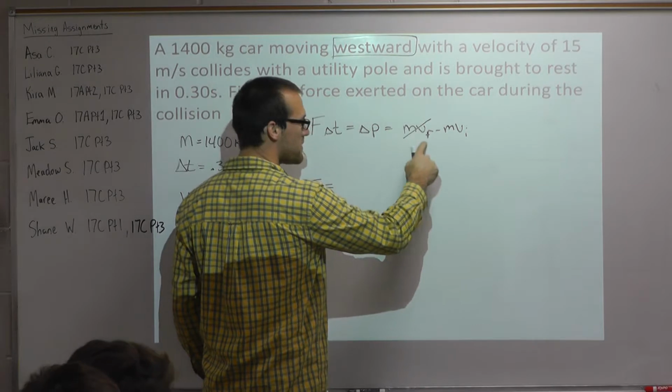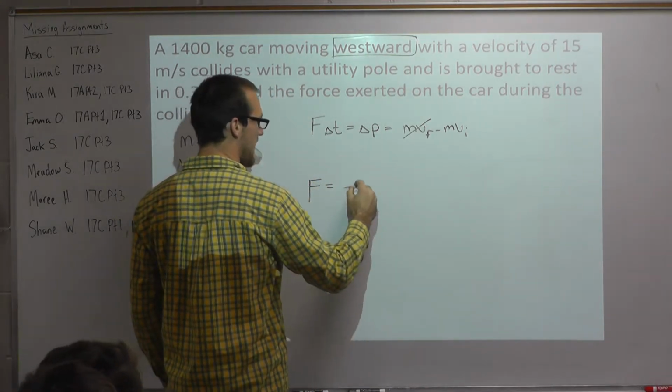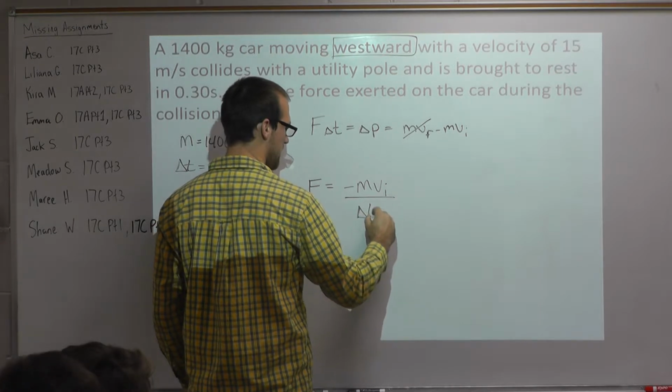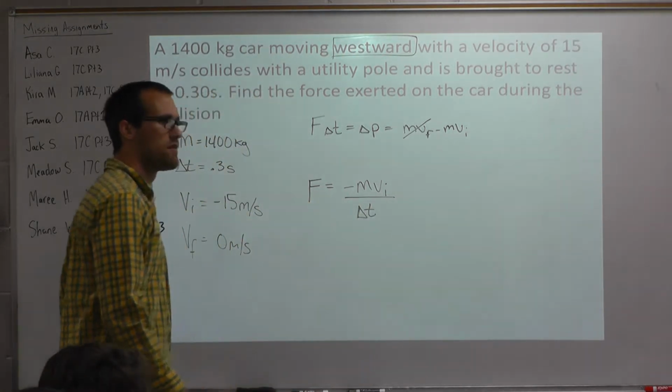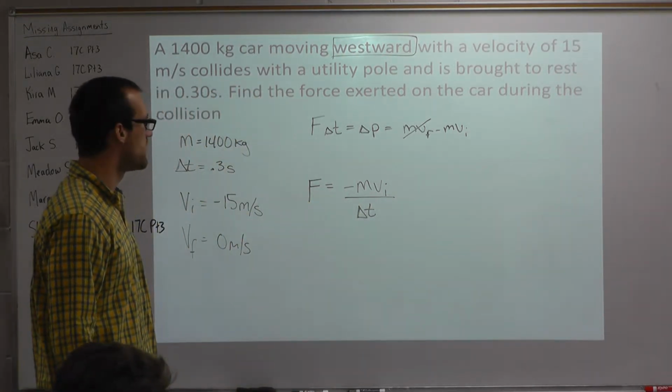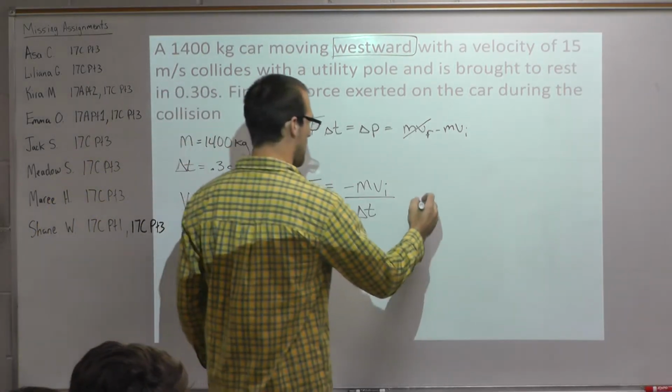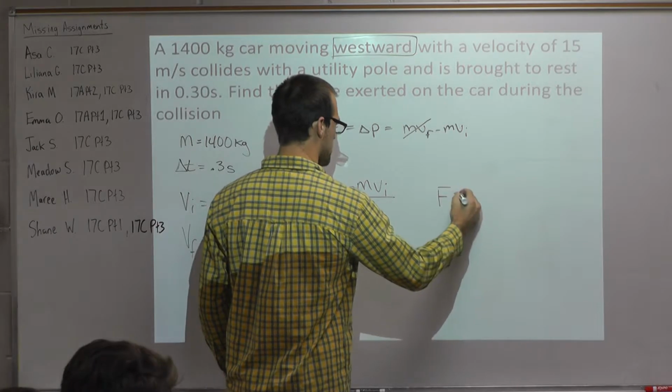So we have a final velocity that's 0, so I can get rid of that whole part. It'll be negative MVI over change in T. So I will just plug in here my force.